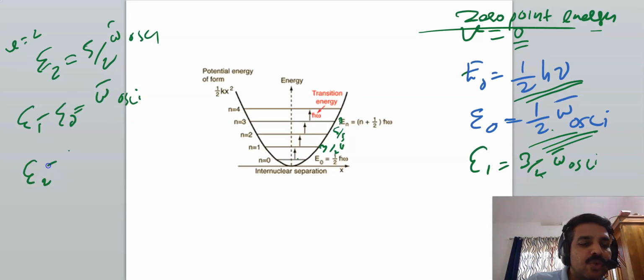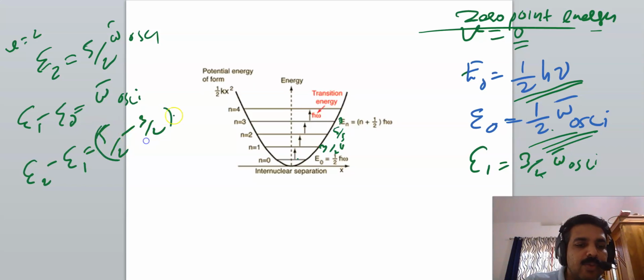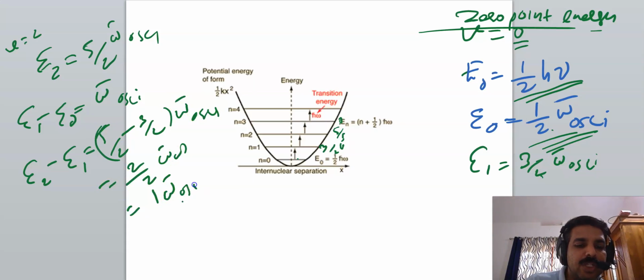And epsilon 2 minus epsilon 1 is 5 by 2 minus 3 by 2, that is 2 by 2 omega bar oscillation, which is equal to 1 omega bar oscillation.